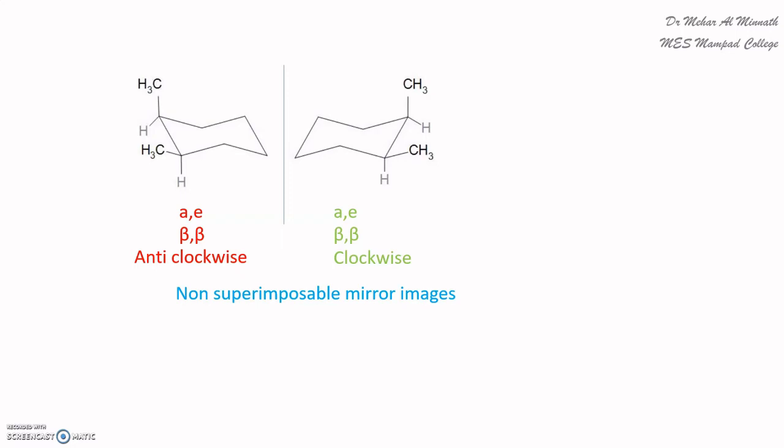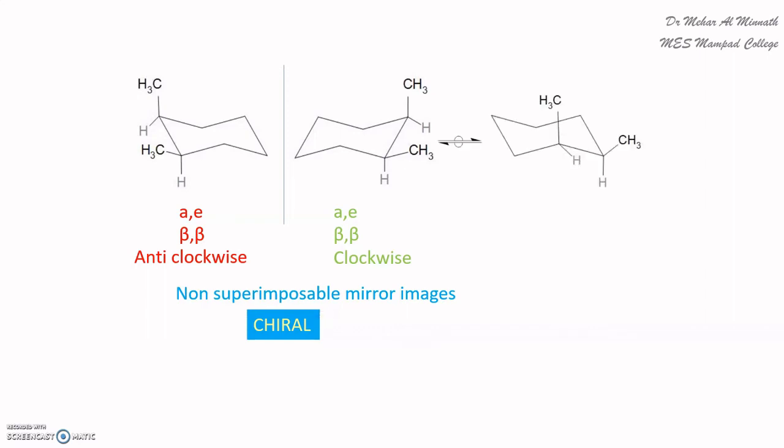Okay, the other way around is by rotating the molecule. Since rotation of the molecule is beyond the scope of this video, I'm taking up this route. So these two are non-superimposable mirror images, and hence they must be chiral. But unfortunately, these two forms could not be separated.